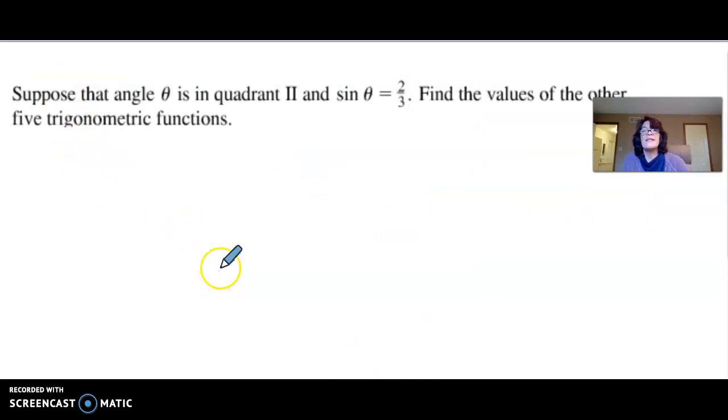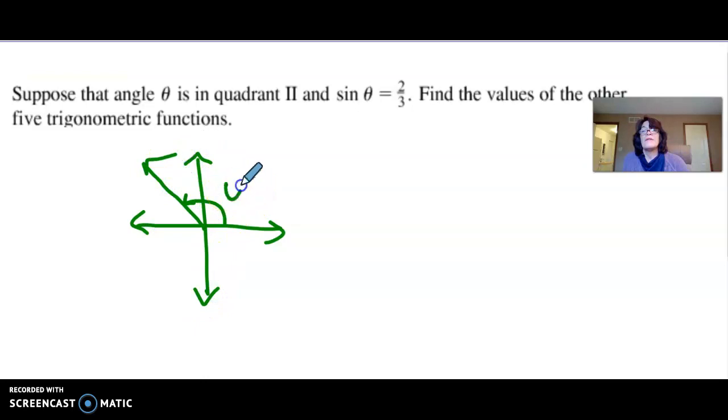Suppose the angle theta is in quadrant 2. I always like to draw it. Let's go to quadrant 2. There's my theta. Sine is 2/3. Find the other 5 trig functions.